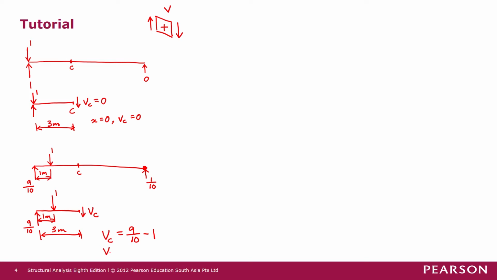Okay, so that gives us VC equals minus 1 over 10.